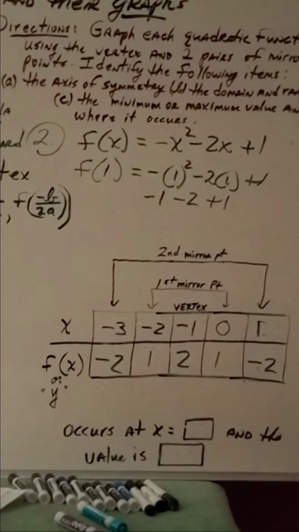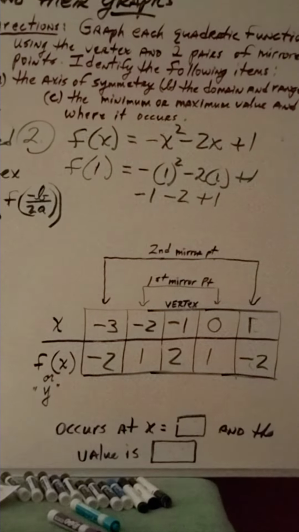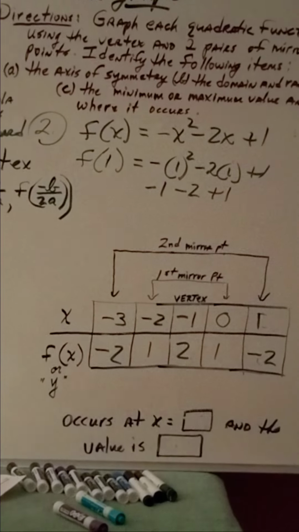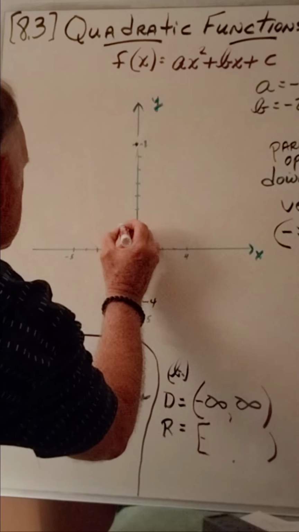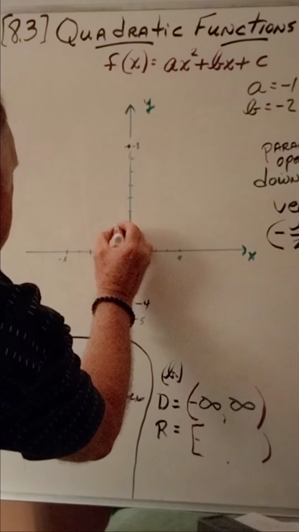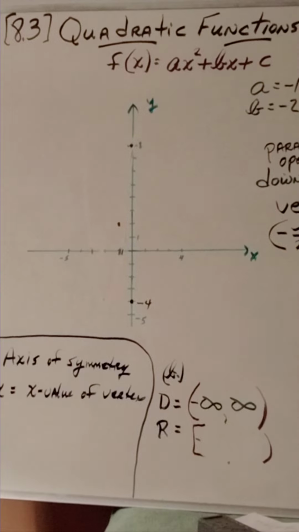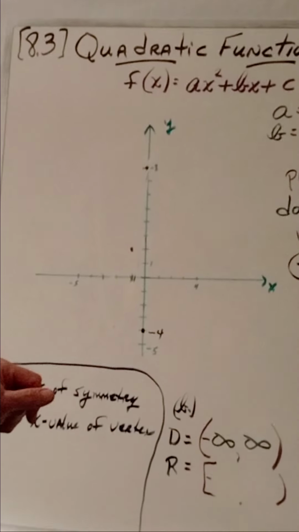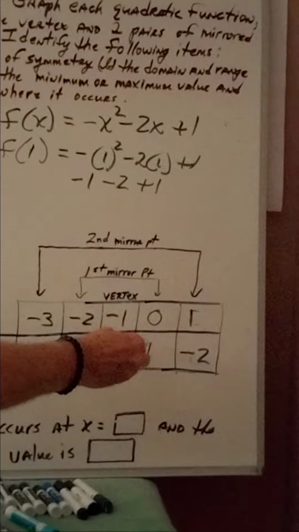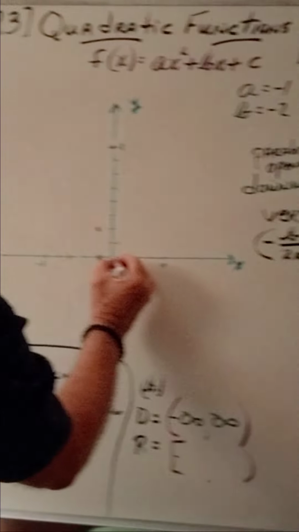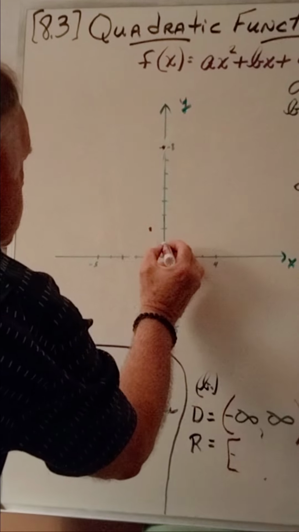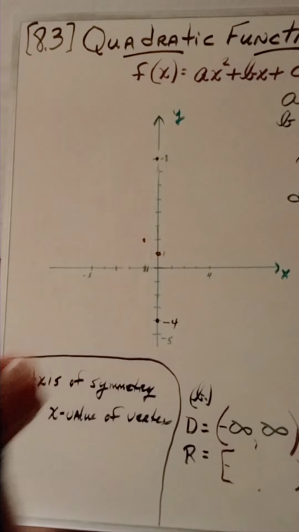And now let's plot. Let's start with the vertex: -1, 2. X is -1, up 2. Right about there. There's the vertex. 0, 1. X is 0, y is 1. -2, 1.